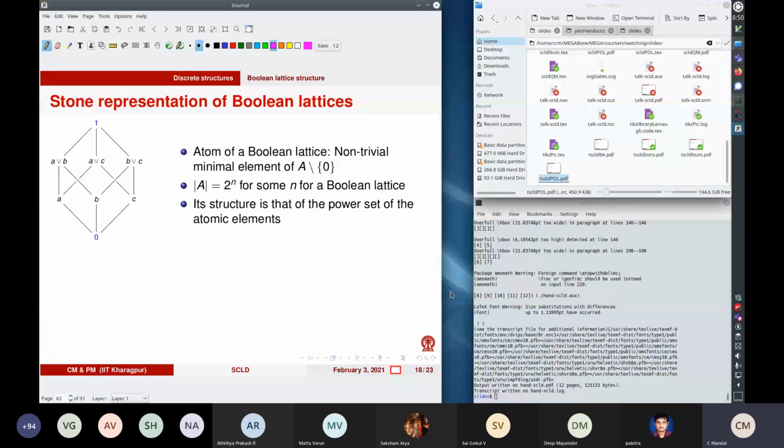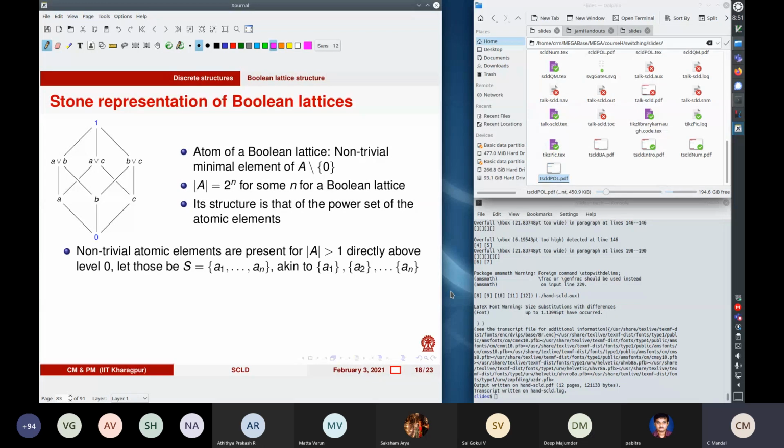So in other words, you'd expect an isomorphism between the power set of a set of n elements and the Boolean lattice constructed from n atoms. As you have already seen, the power sets of a given set of elements form a lattice. In fact, you will see that those actually form a Boolean lattice.